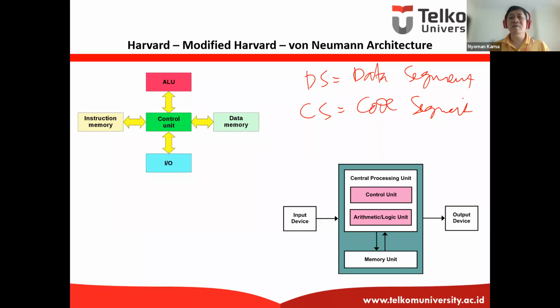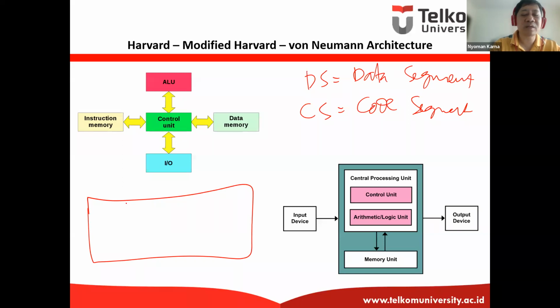So even though the same memory can be used for data and also code, we split it using data segment and code segment. We can split it logically in the program. This is the place for the program, this is the place for the data, but it's still on the same memory hardware.